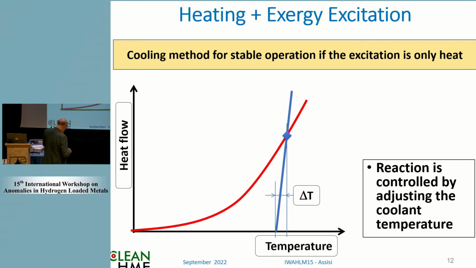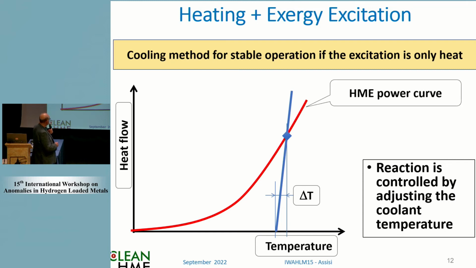Because this is the way it goes. If you draw the heat output of your system against the temperature, normally speaking, you have such a heating curve. This is a power curve. And now, to avoid the problem, you have to cool it with a cooling system like that.